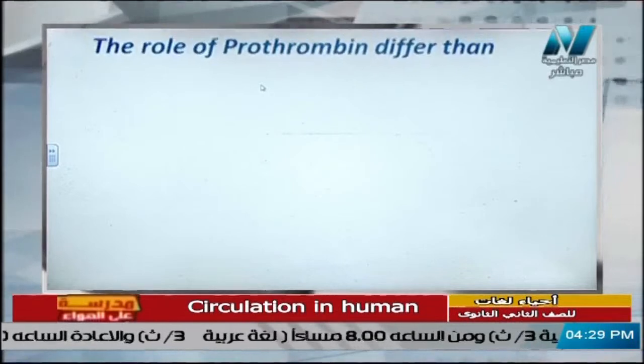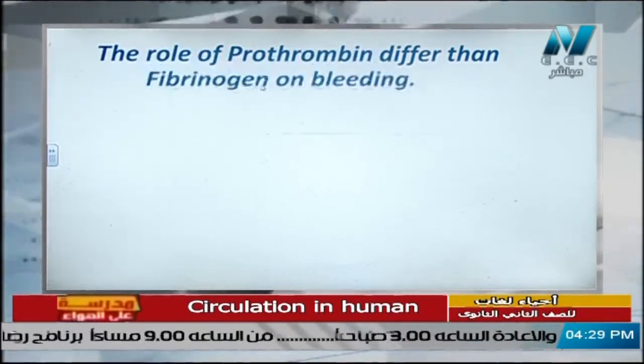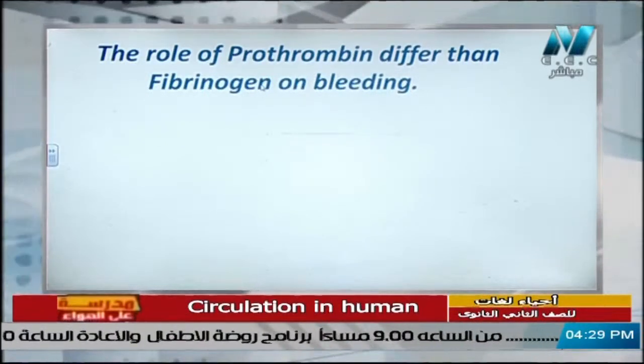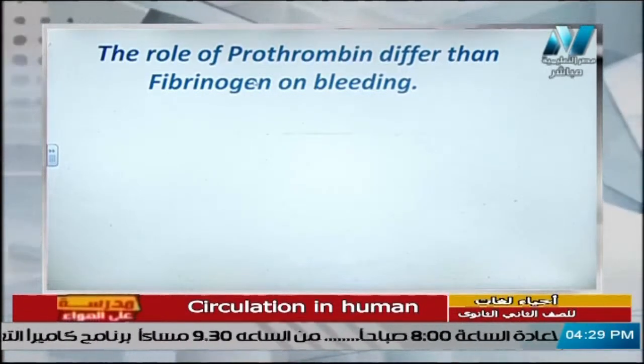Next question is, the role of prothrombin differs from fibrinogen in bleeding. We know blood clotting or coagulation stops the bleeding. Initially, destroyed cells and factors of coagulation produce thromboplastin. We must remember this well.